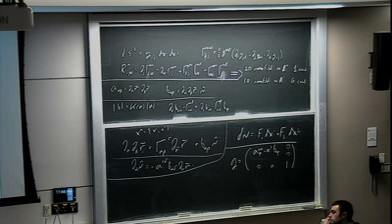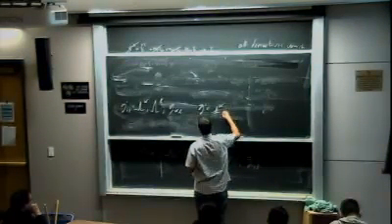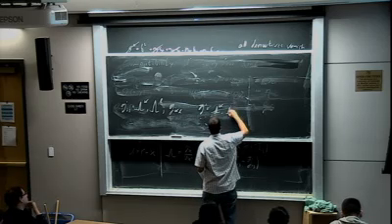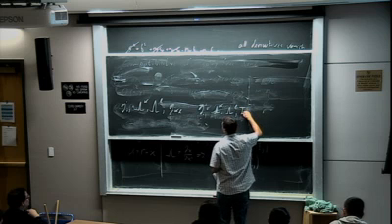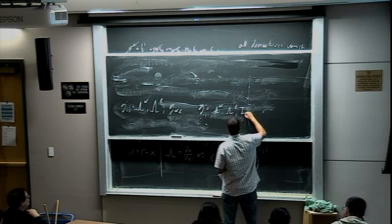So this is the expression we have where g prime ij is essentially lambda ki lambda lj g kl. So this is the standard tensor transformation rule, and this also tells us that g bar prime ij is lambda ki lambda lj g bar kl.